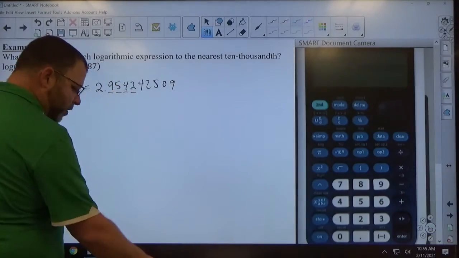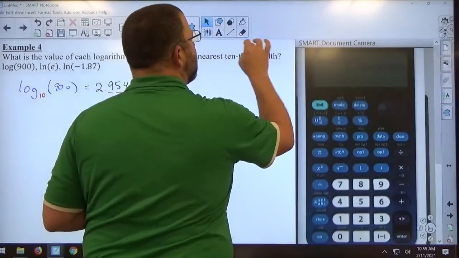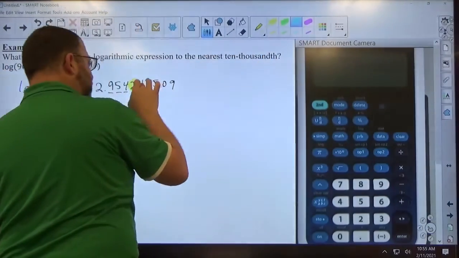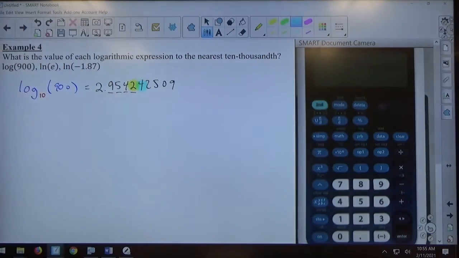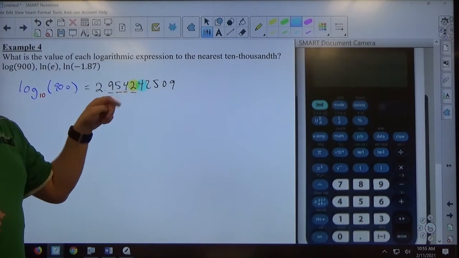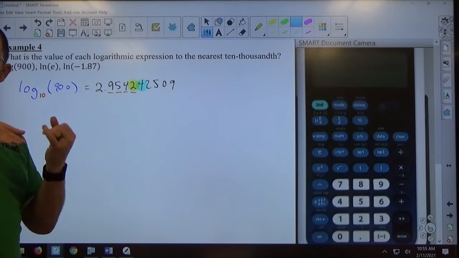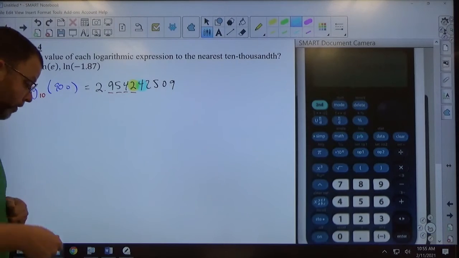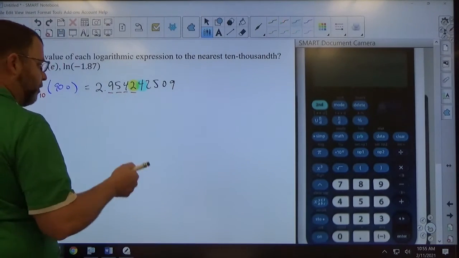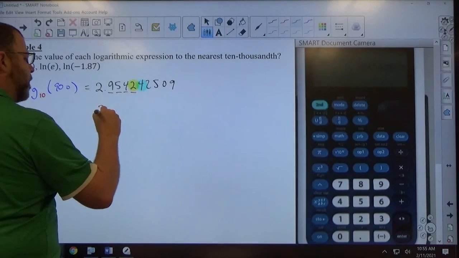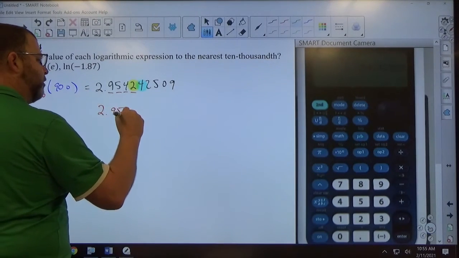If you're trying to round it to the 4th decimal place, which is this one, you're going to look at the 5th decimal place to establish what you need to do to the 4th decimal place. Either keep it the same or bump it up 1. If the blue highlighted number is either 0, 1, 2, 3, or 4, you're going to keep it where it's at. If it's 5, 6, 7, 8, 9, you're going to bump it up 1. So since the next number up is a 4, we're going to keep it where it's at. So the correct answer to the first problem is going to be 2.9542.